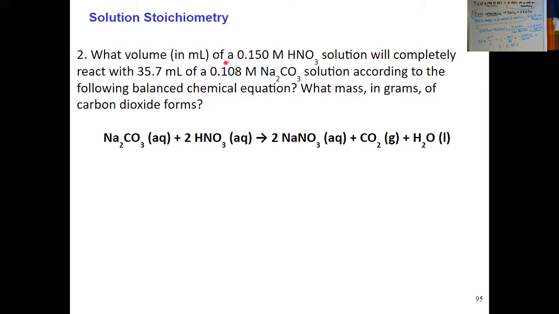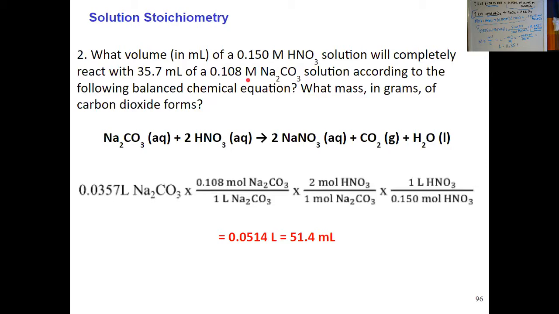So we can start by figuring out what volume of nitric acid completely reacts with the sodium carbonate mole values that are given to us. Okay, we'll start there. And we're going to set this up the same way that we did before. We are given a particular volume of the sodium carbonate. If we take that volume and multiply it by the molarity, it's going to give us the moles of sodium carbonate.